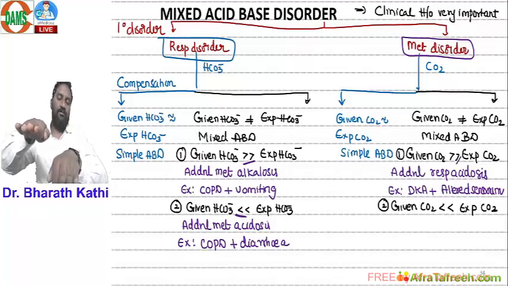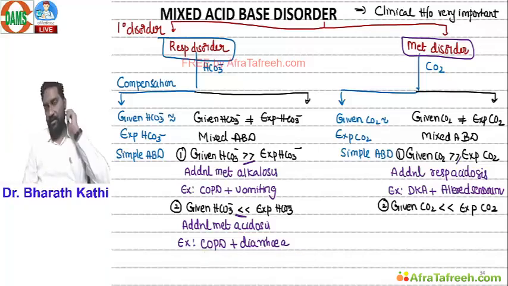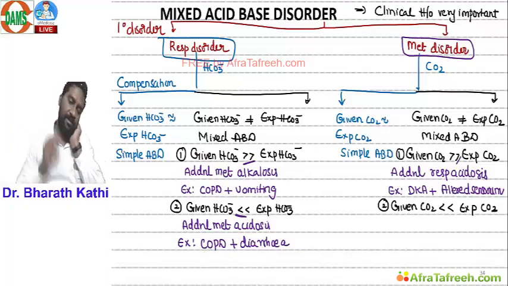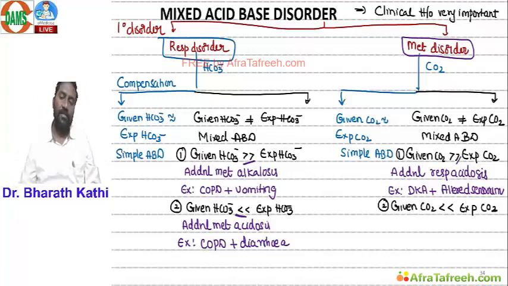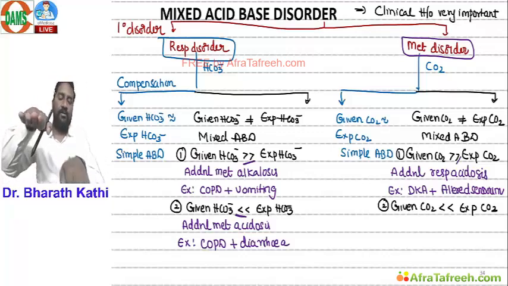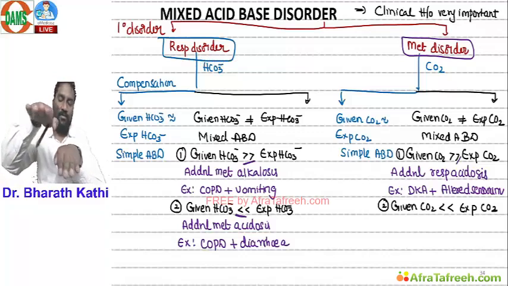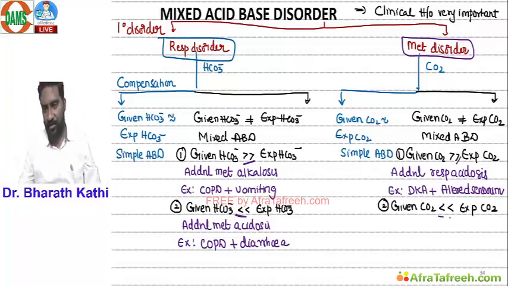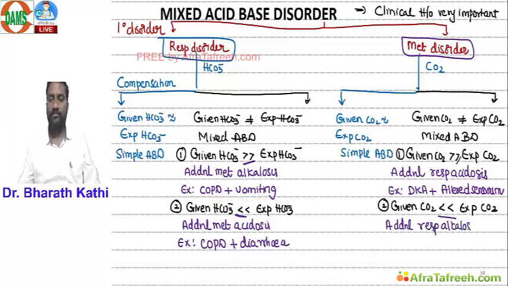Anywhere extra CO2 washout should be considered additional respiratory alkalosis. See whether this fellow is hyperventilating because of panic. This is a condition where the given CO2 is very much less than the expected CO2. Anywhere extra washout of CO2 is additional respiratory alkalosis.